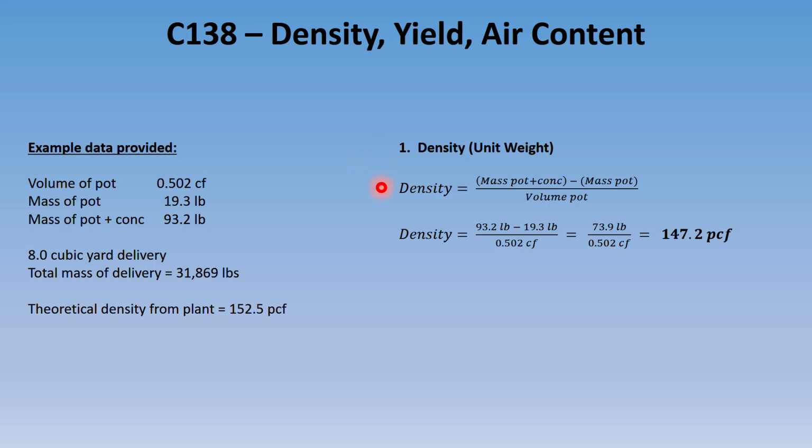And the density is just the mass of the pot plus the concrete, minus the mass of the empty pot, divided by the volume of your pot, right? Mass over volume. And using our numbers, we would get 73.9 pounds of actual concrete when we subtract out the empty pot, divided by the 0.502 cubic foot size of the pot, for a density of 147.2 pounds per cubic foot.